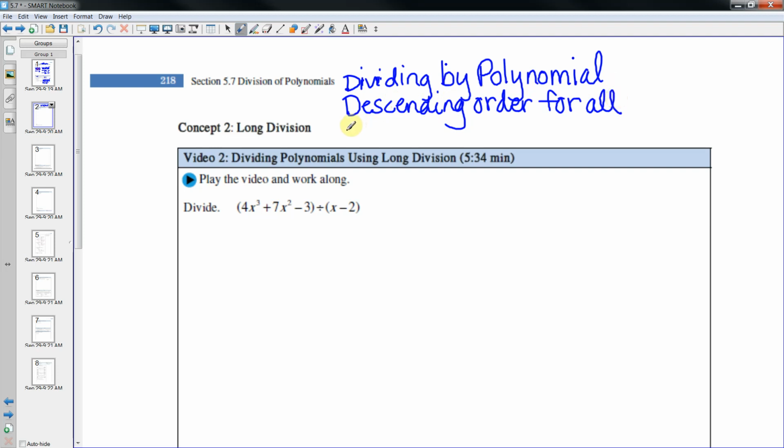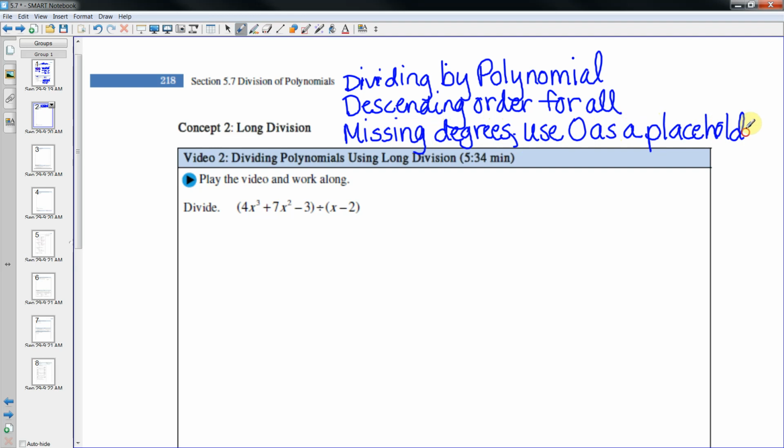And then if we are missing degrees, we need to use 0 as a placeholder. Let me explain what that means.